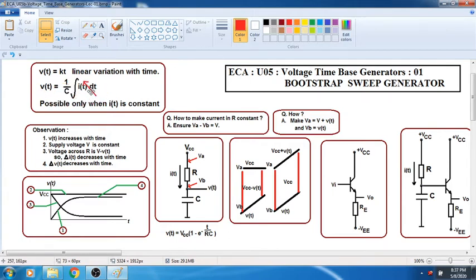But essentially, if you are able to maintain the current at constant value, the voltage will increase linearly for whatever duration the capacitor is charging. Okay. Now for discharge also you can make it the reverse value. So please remember that for the voltage to be proportional to time, the current must be constant with time. So that is the condition.